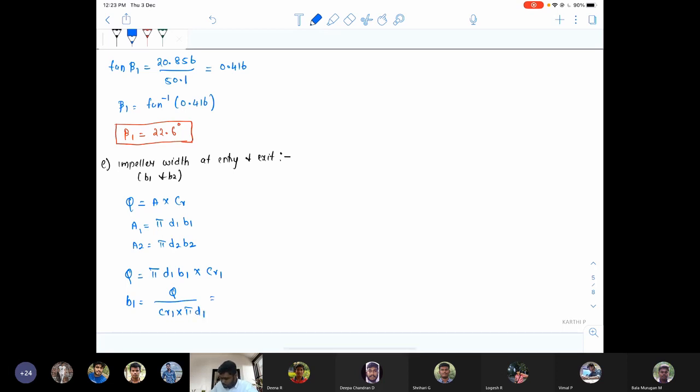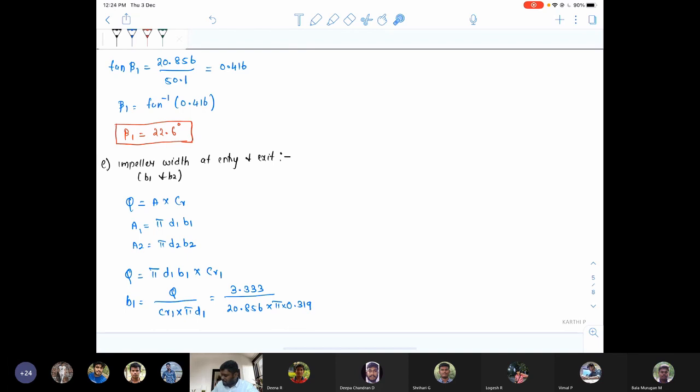On calculation, Q is equal to 3.333 divided by CR1, which is 20.856, into pi into D1, which is 0.319. Here I have substituted the diameter in terms of meter.